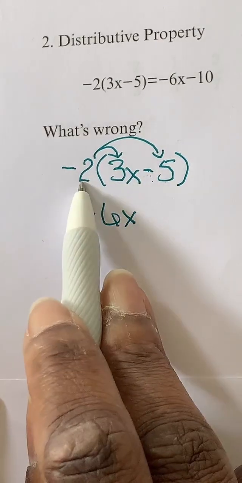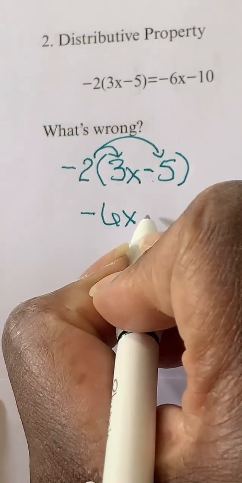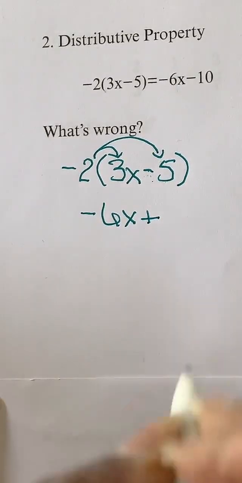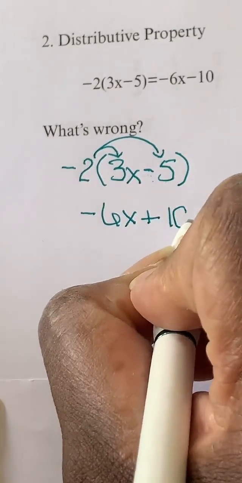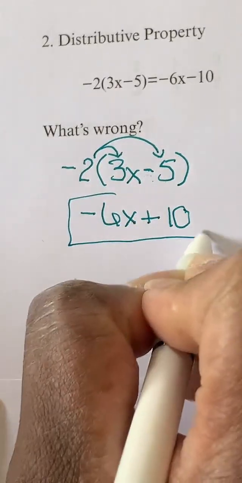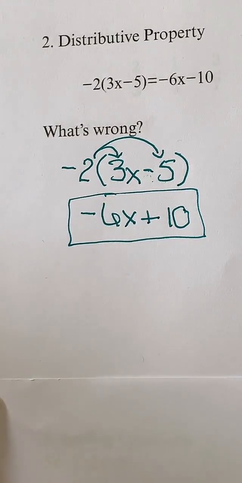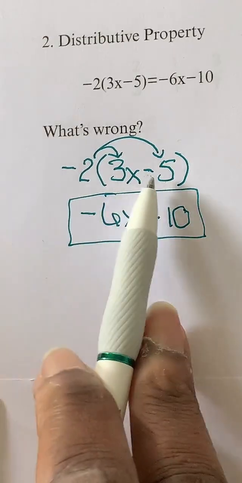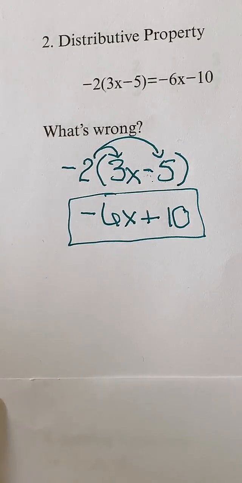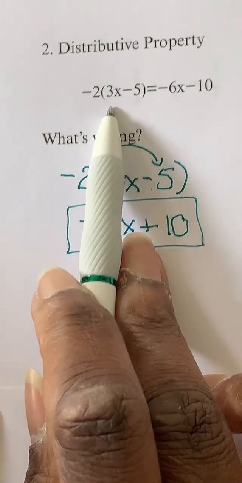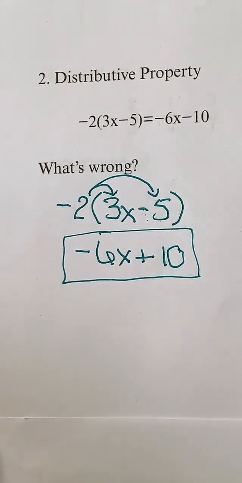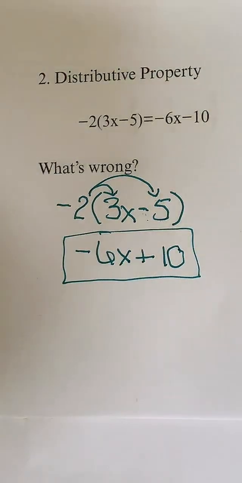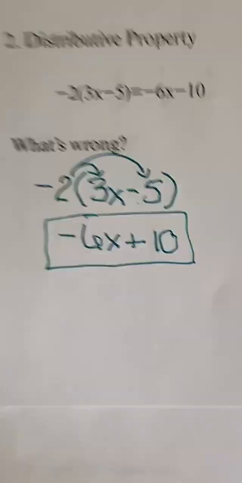Both of them are negative, the 2 and the 5. So a negative times a negative gives us a positive, and then 2 times 5 gives us 10. So we had to work on knowing that signage. We're not solving, we were just saying this was giving me this. Okay, let's try another one.